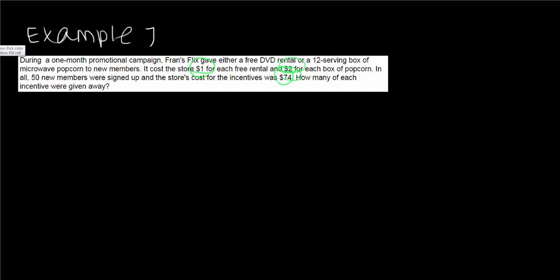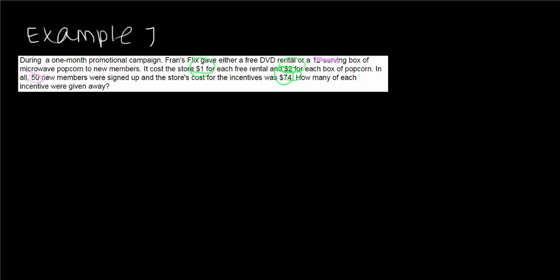Then let me choose a different color. The only other number I see is 50, and that's talking about the new members. Now I do see the 12 serving box of popcorn. That number 12 is just describing the popcorn, like saying this is Orville Redenbacher's popcorn. I don't care, that's just a description of the popcorn.